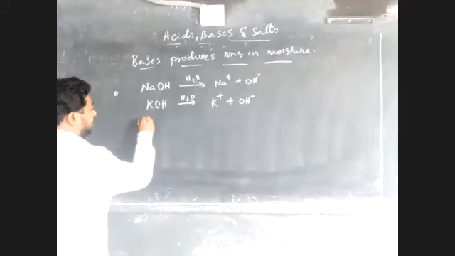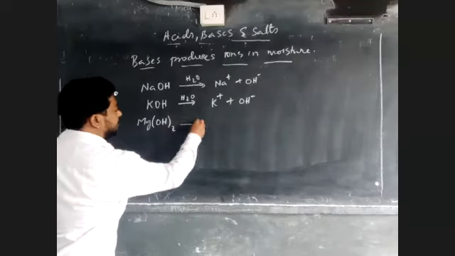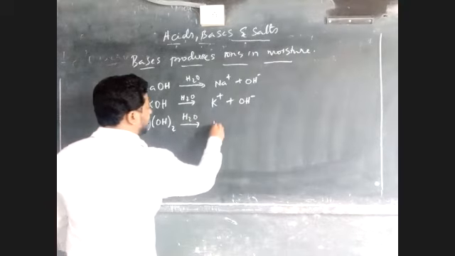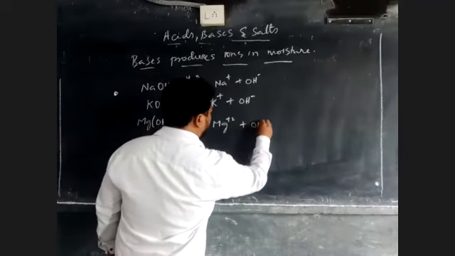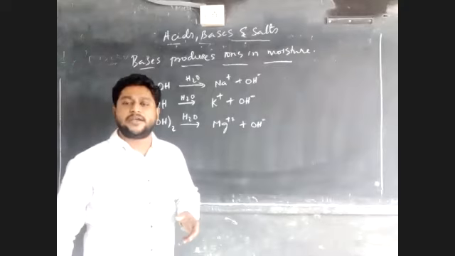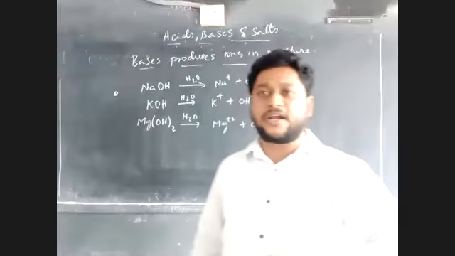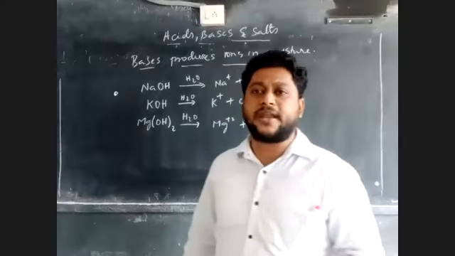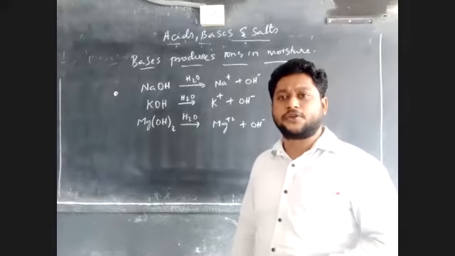Next example, magnesium hydroxide: in presence of moisture, we get magnesium ions and OH minus ions. So these are a few bases which are completely soluble and produce OH minus ions in the presence of moisture.